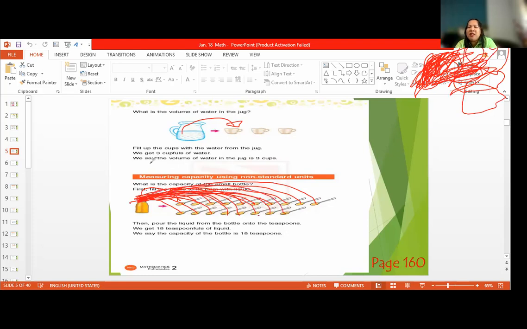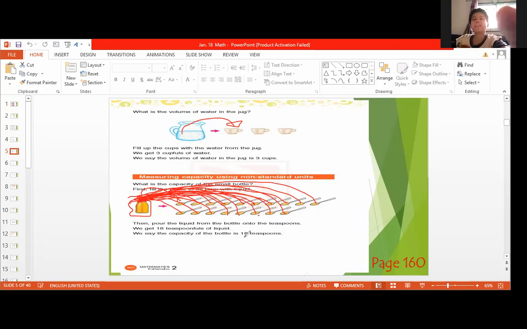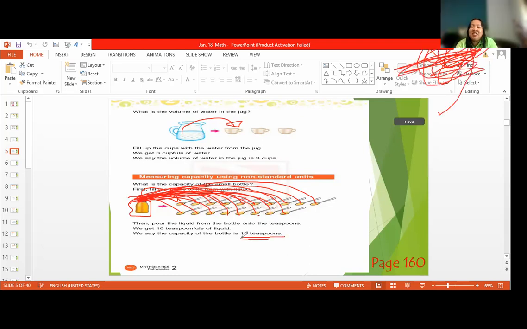So how many teaspoons did you put inside this bottle until it became full? 18 teaspoons. Yes, very good. It is 18 teaspoons.